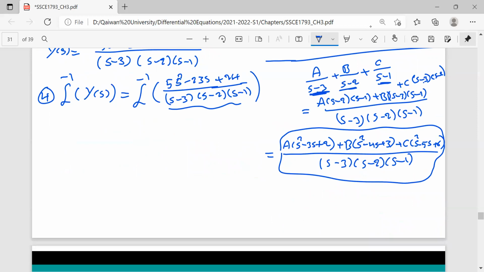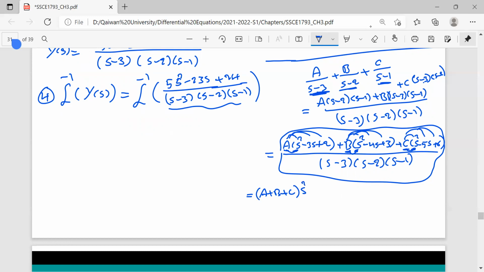Here we multiply a to this bracket, b to this bracket, and c to this bracket. When we multiply a to the first term, we get as squared. When we multiply b to the first term, we get bs squared. And when we multiply c to the first term, it is cs squared. This equals a plus b plus c times s squared.